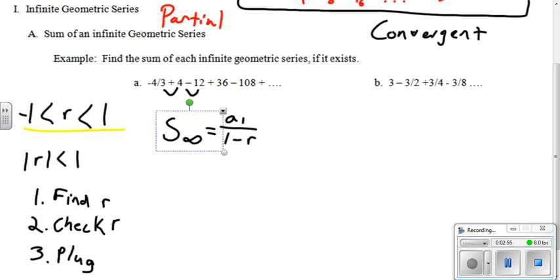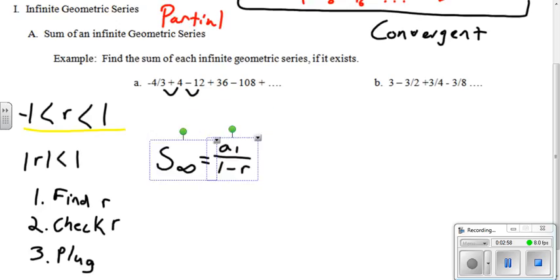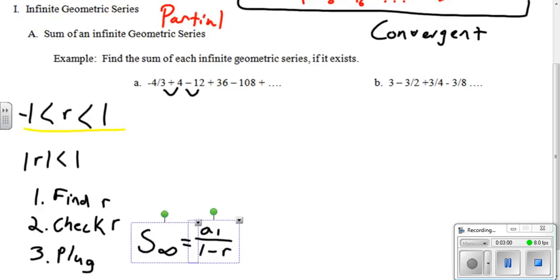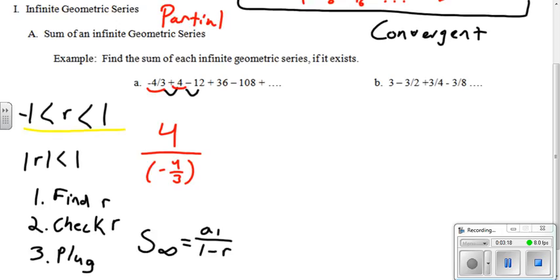Let's check this first one and see what our R value is. Remember, to find R, we take one term and divide it by the term before it. So we would take 4 divided by -4/3. Now whenever you divide by a fraction, I'm going to change 4 to 4 over 1.